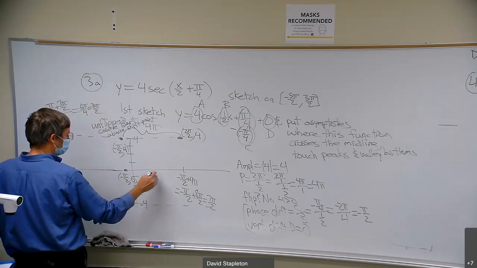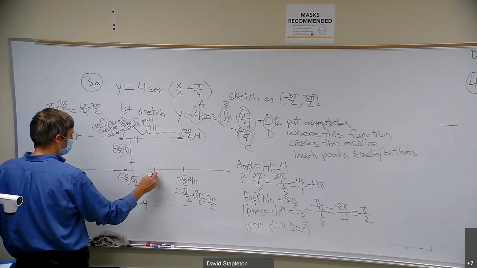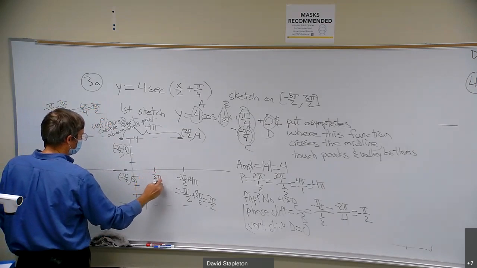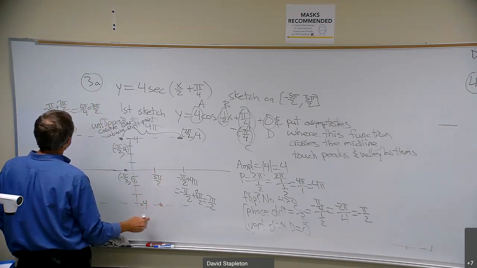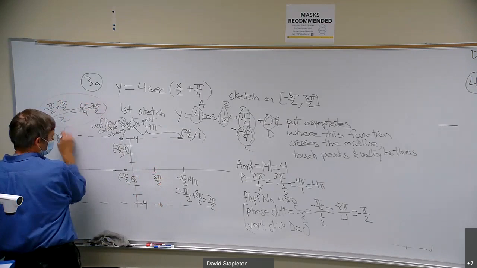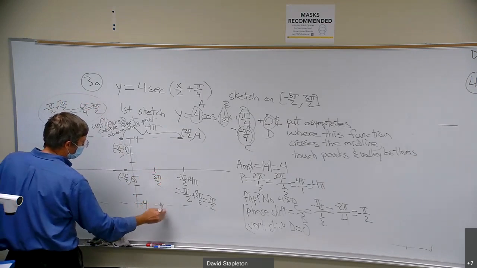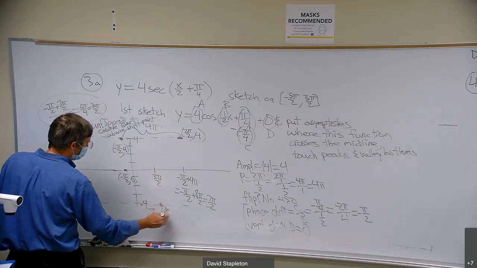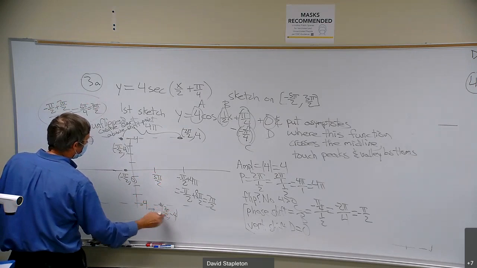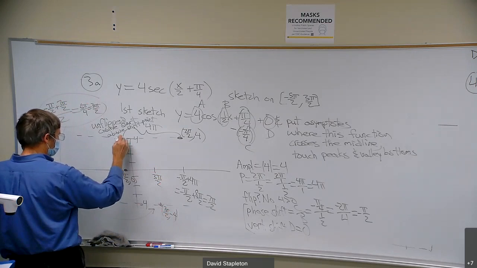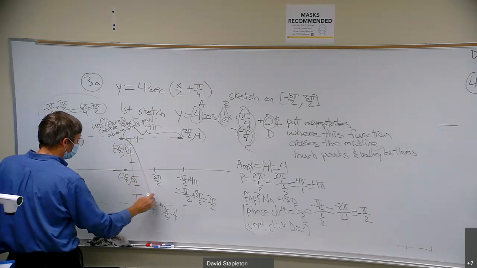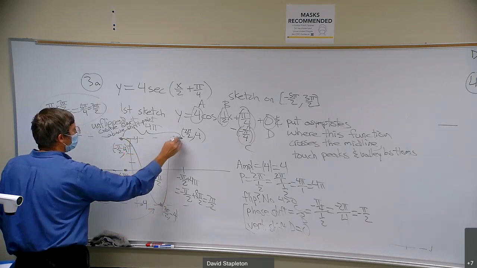So halfway in between here is 3 pi over 2, and you get down at the bottom, this point, 3 pi over 2 comma minus 4. And the graph of the cosine then goes down to this point, back up to this point.